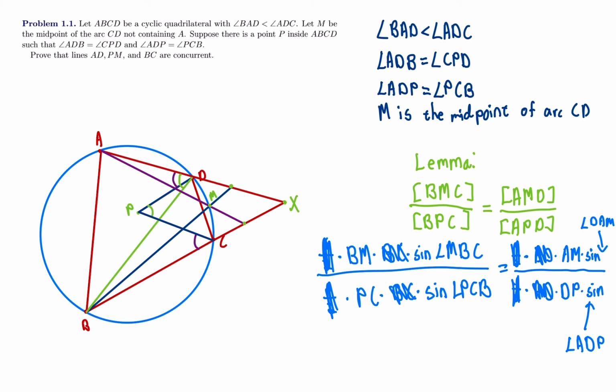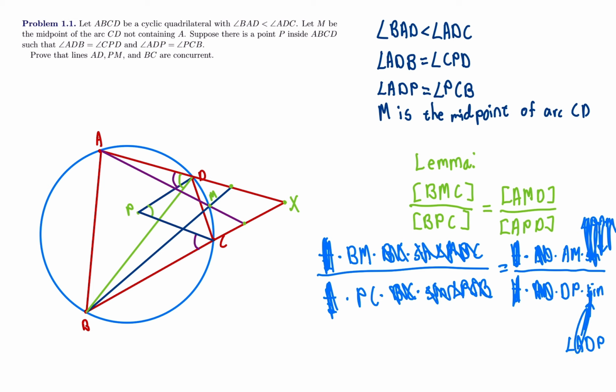So note that the sine of angle MBC is equal to the sine of angle DAM because those two angles are equal by the inscribed angle theorem. So we can cancel those out. And the sine of angle PCB is equal to the sine of angle ADP because that's an angle condition given in the problem.